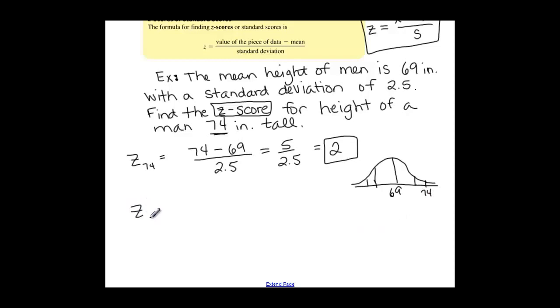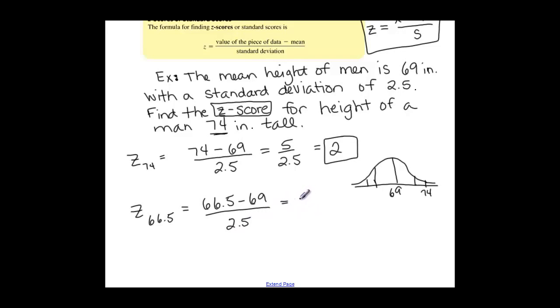What if I had a man who was 66.5 inches tall? Then the z-score would come from the piece of data, 66.5, minus the mean, 69, which was given in the problem, divided by the standard deviation of 2.5.